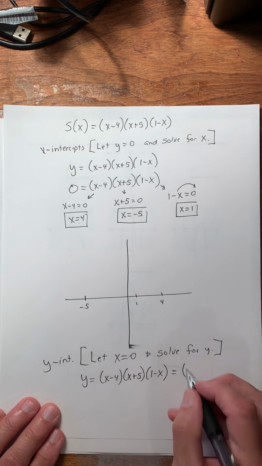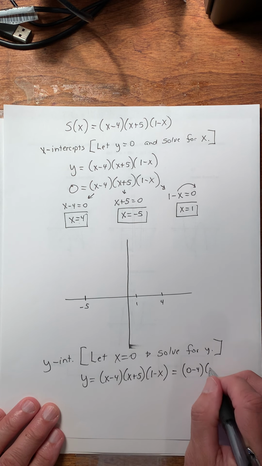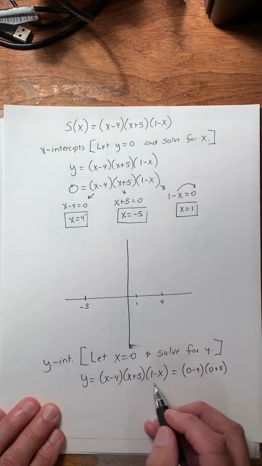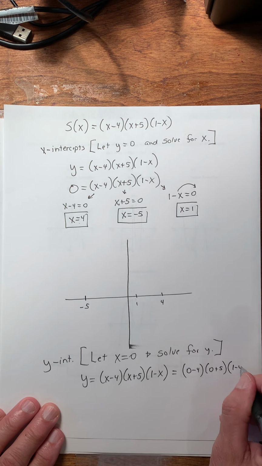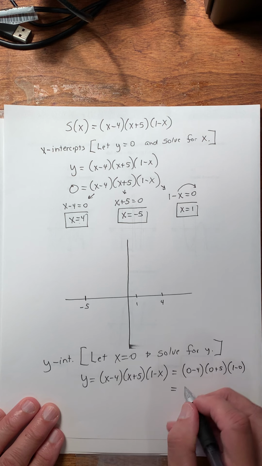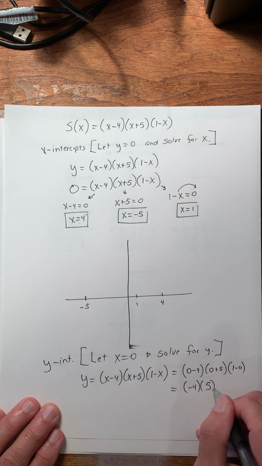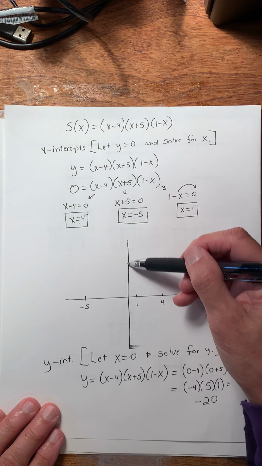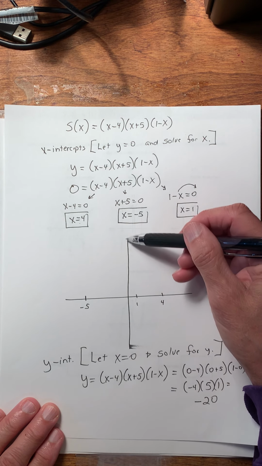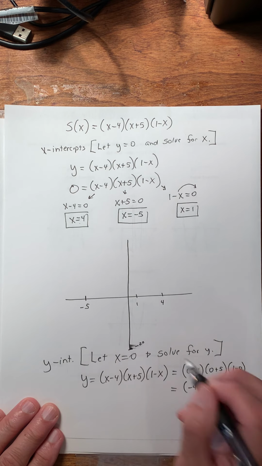So I get 0 minus 4, 0 plus 5, and 1 minus 0. What do I get? -4, 5, 1. I get -20. So this graph, whatever it looks like, cuts the y-axis way down here at the point -20.